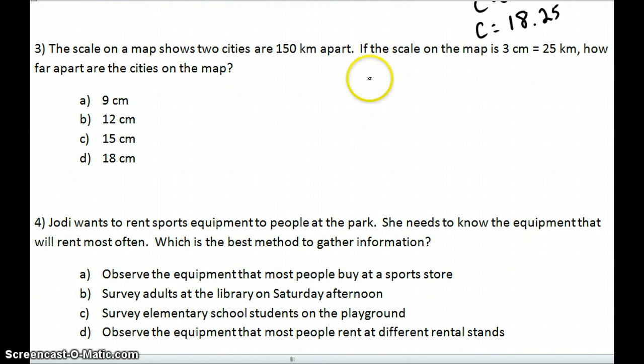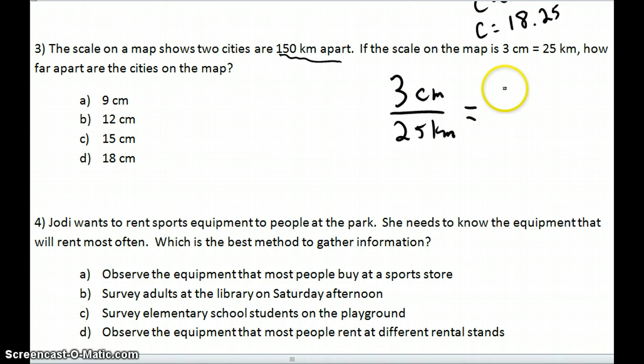Number 3. A scale on a map shows 2 cities are 150 kilometers apart. Scale says 3 centimeters for 25 kilometers. Okay, we're looking for how many centimeters it is on the map, and it's 150 kilometers. So we do 150 times 3, which gives us 450.